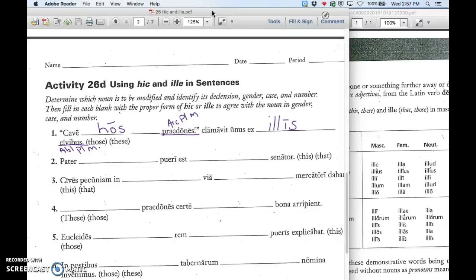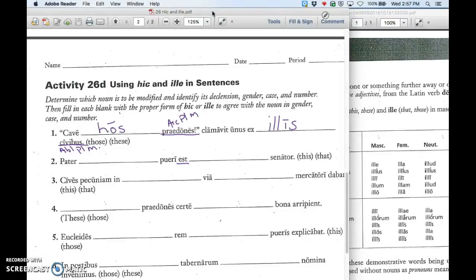So in this next sentence, we have "this" and "that," and we have pater, pueri, senator. Now pater is first, but pueri is probably the word that's being modified, because it follows our empty space here. Now, in this case, pueri is not nominative, guys, because look, we have an est here that is singular.